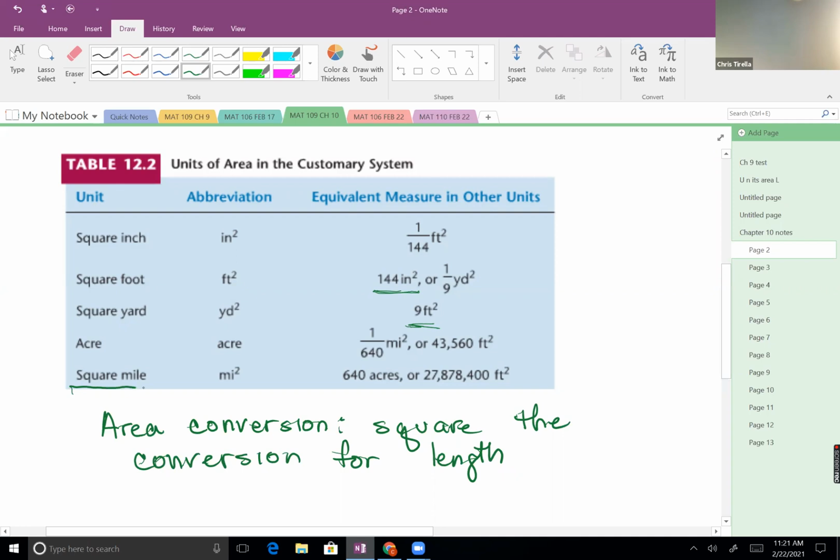And so a square mile would be 5280 squared.